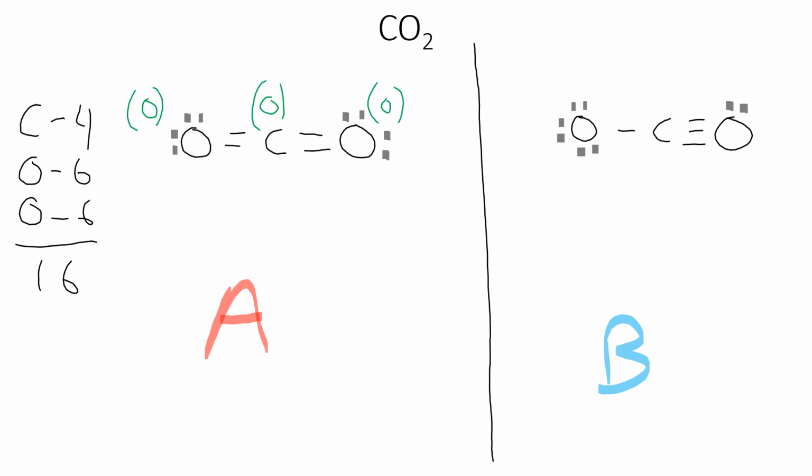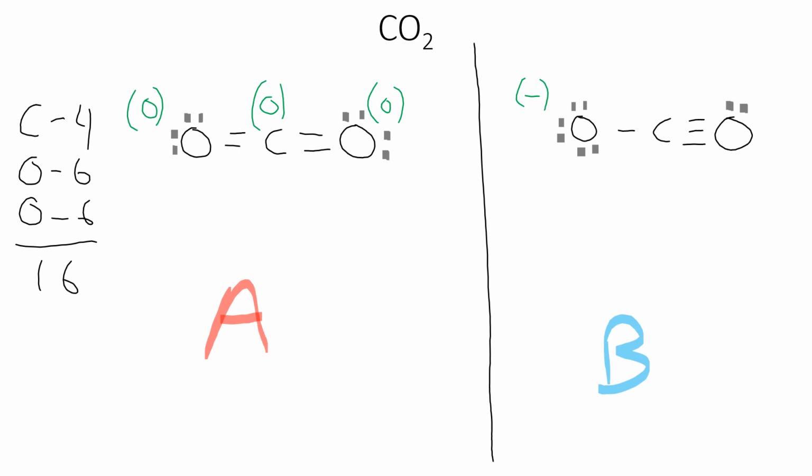Let's look at structure B on the right. If I look at the oxygen on the left, we would count out 7 formal electrons, 6 from the lone pairs, 1 from the bond. That would mean the oxygen on the left in structure B would have a formal charge of -1, 1 more formal electron than valence electron.